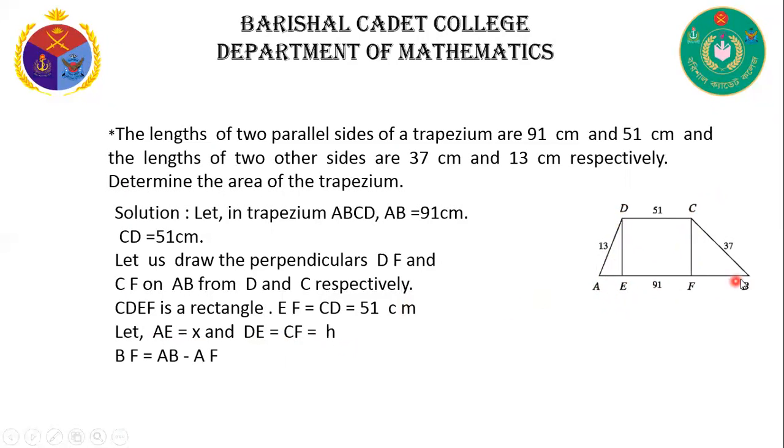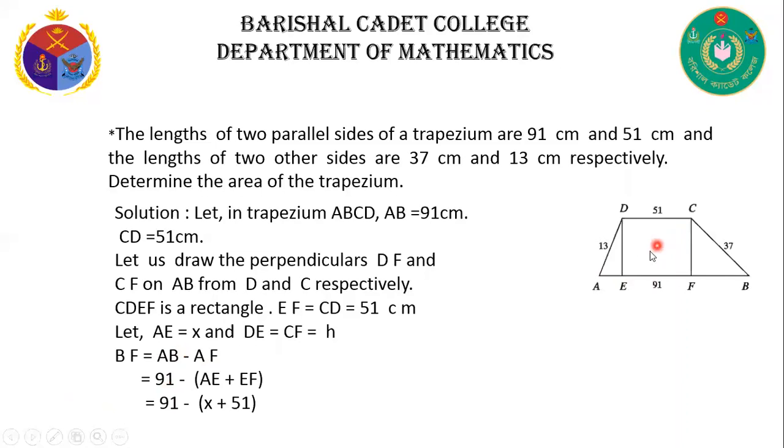Now BF is equal to AB minus AF. Here given AB is equal to 91, and AF is equal to AE plus EF.